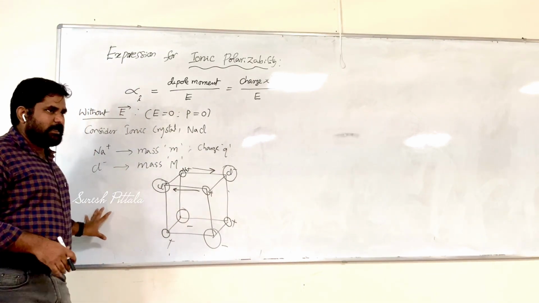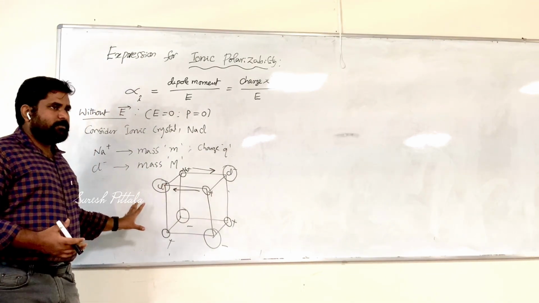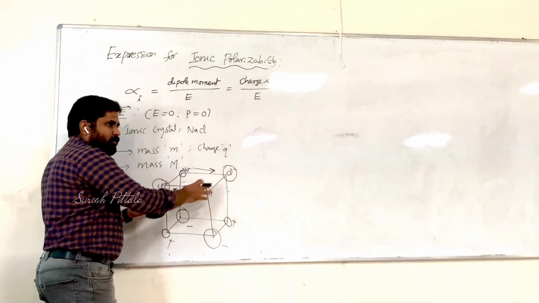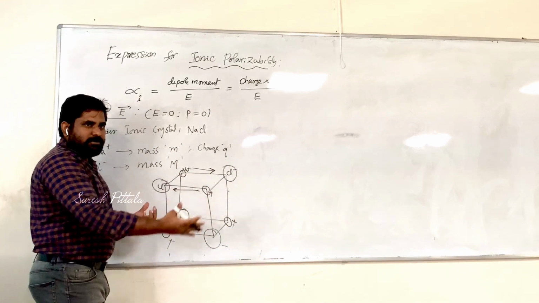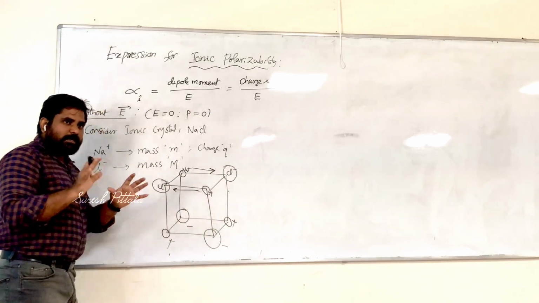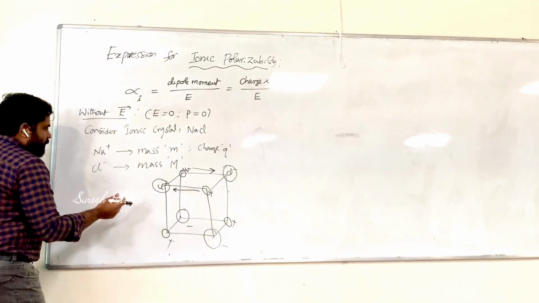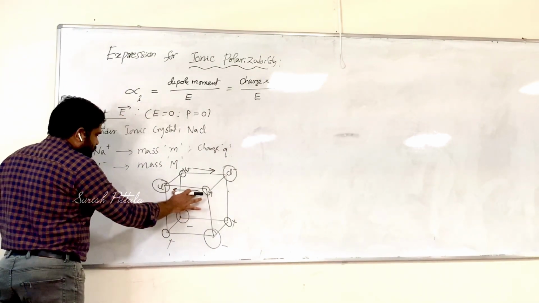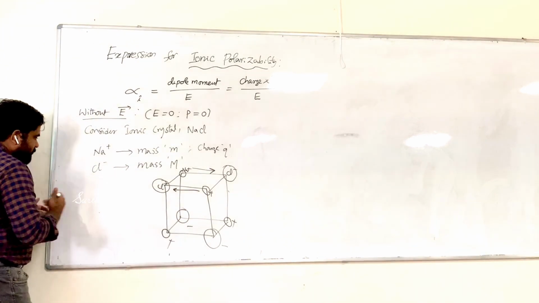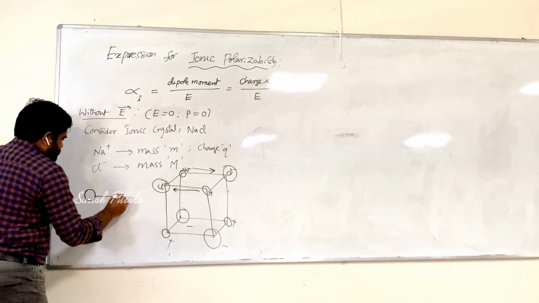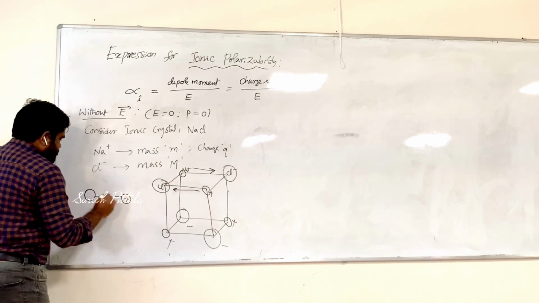You need to write the theoretical description along with the diagram. But remember, let us consider one dipole for simplicity. Don't take the entire unit cell. This is called the unit cell. Take any one dipole just for our simplicity. So I will pick up some dipole here. If I write this dipole, it looks like this: plus and minus.